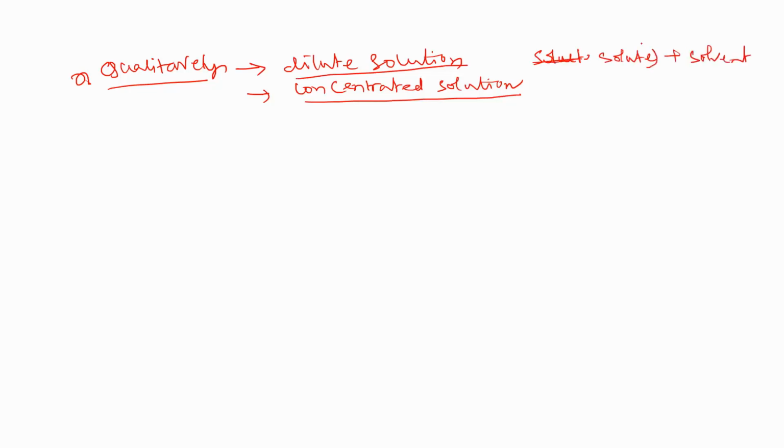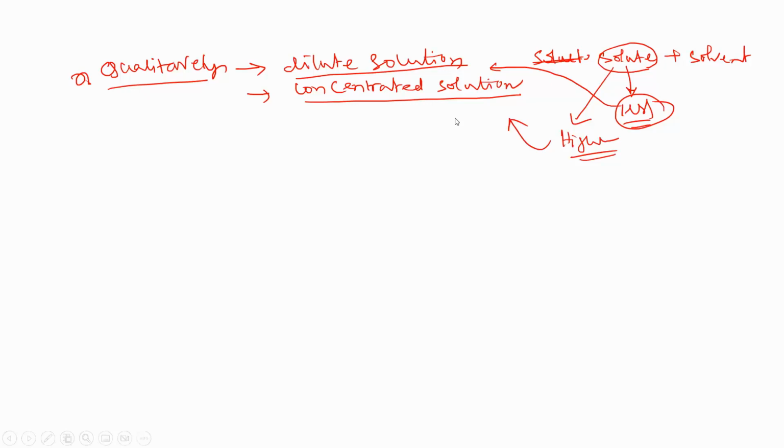When this part, the solute, is very less, then that will be the dilute solution. But when the amount of the solute in the solution is high, then it goes to the concentrated solution. So there are two comments for the qualitative analysis.